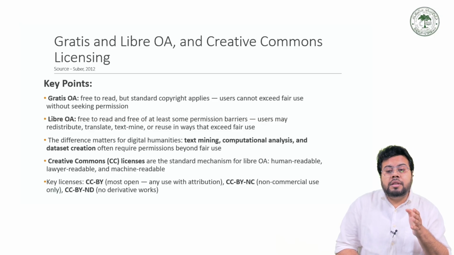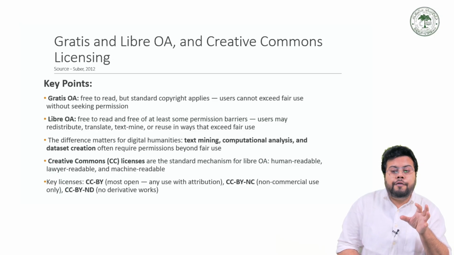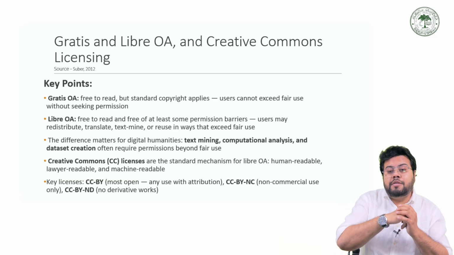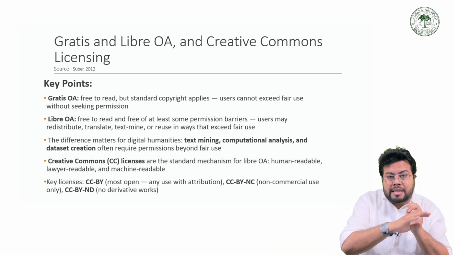CC BY-NC blocks commercial use. CC BY-ND blocks derivative work. The key practical point here is when you find an open access article, always check what license it carries, because free to read and free to use in your research project are not the same thing.